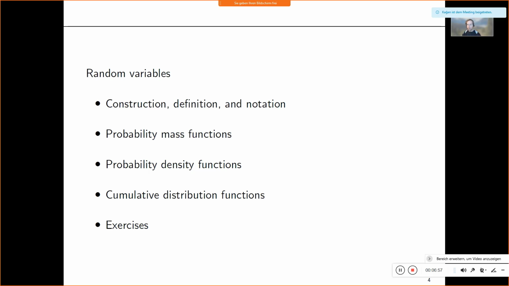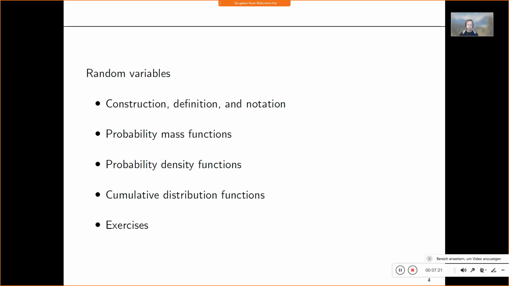So the plan for today is to first discuss the theoretical basis of random variables, so the construction of random variables on the foundation of probability spaces, to give a formal definition of a random variable, and then discuss some notation that is often associated with random variables.